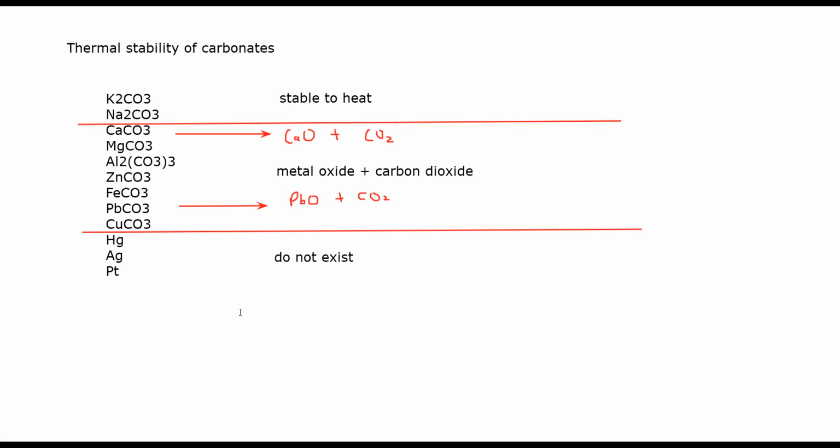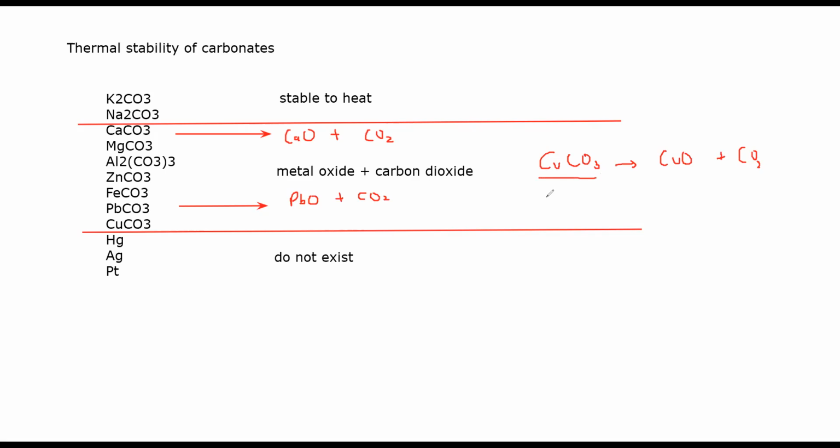You have to learn the color change only for the copper part. Like when we supply heat energy to calcium carbonate, it decomposes to form calcium oxide plus carbon dioxide. Copper carbonate, when we supply heat, turns into copper oxide plus carbon dioxide.